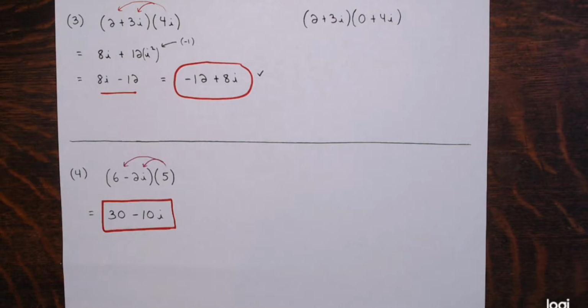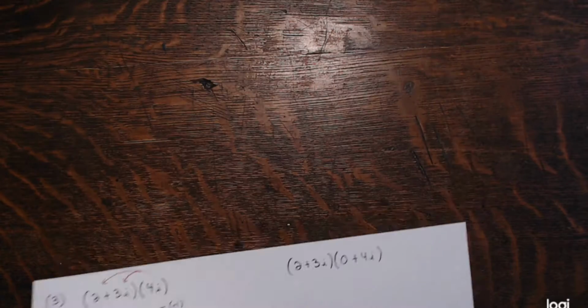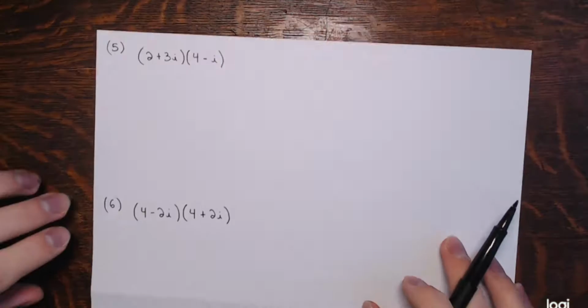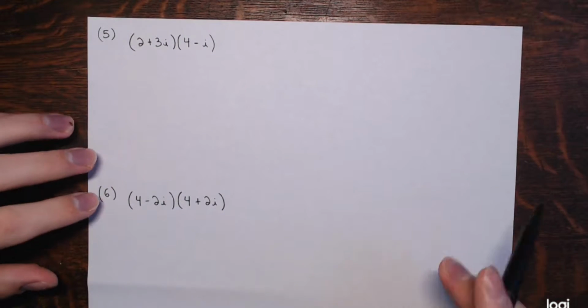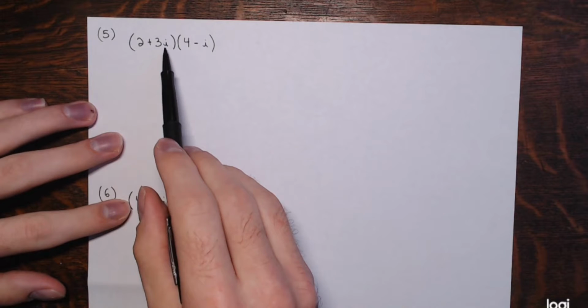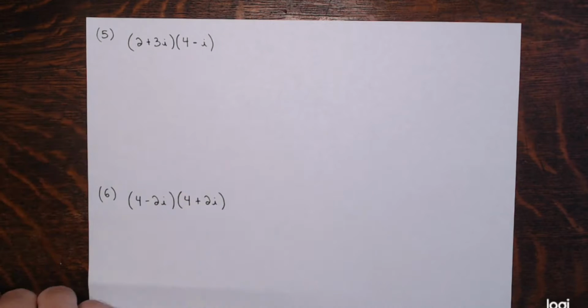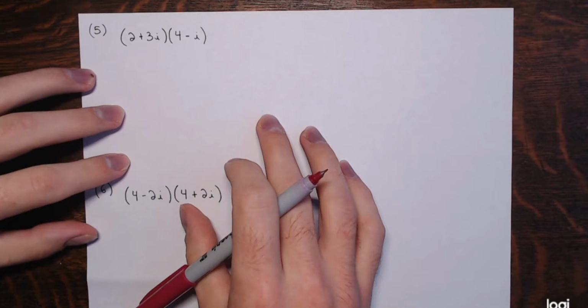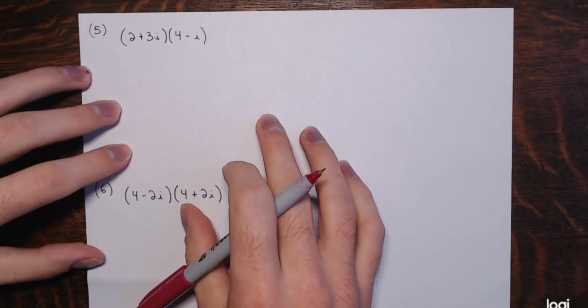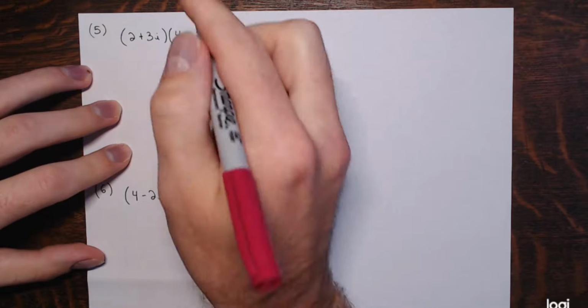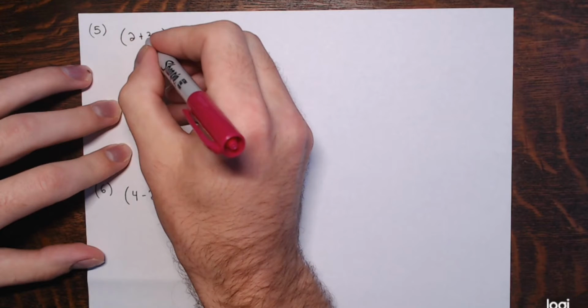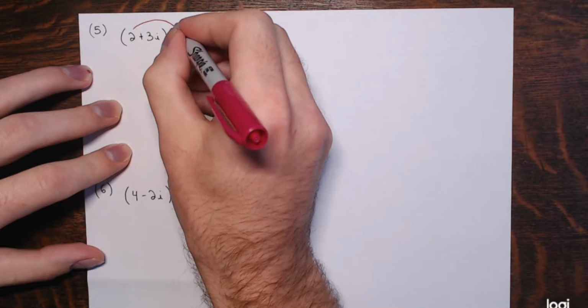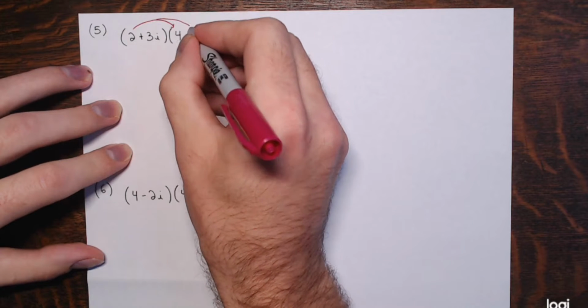Great. So I've got just one more page. So here we have number 5, we have 2 plus 3i times 4 minus i. So both numbers have two terms. Both numbers have a real part and an imaginary part that are non-zero. So I start with the 2 plus 3i here. Let's distribute the 2 to the other number, to the 4 minus i.